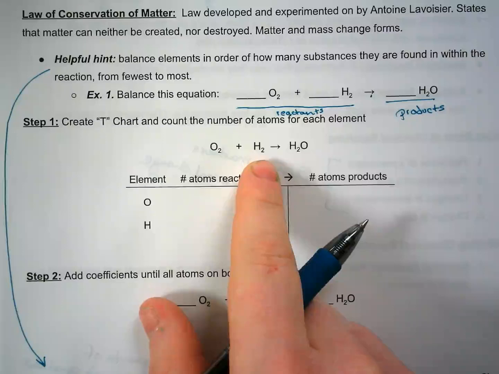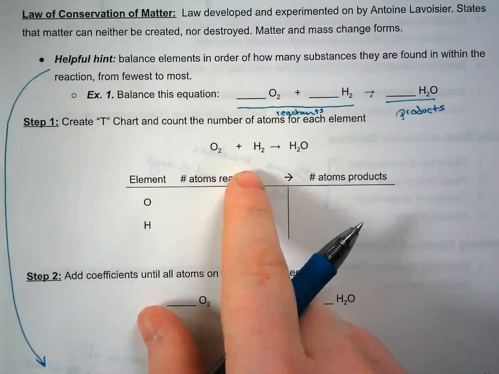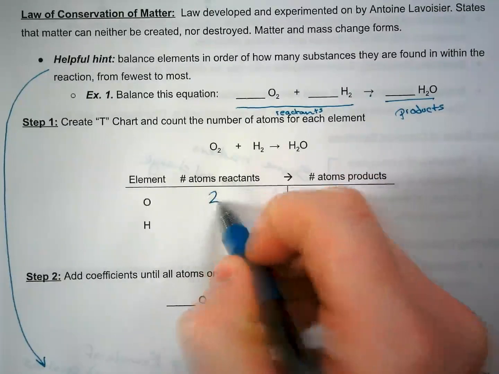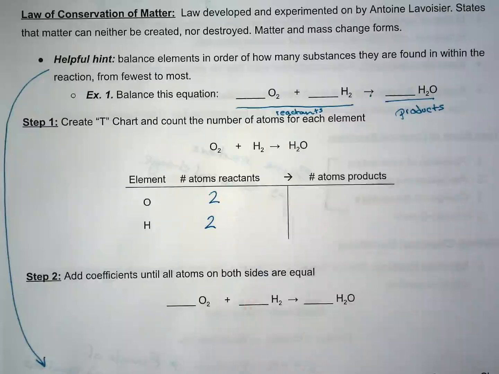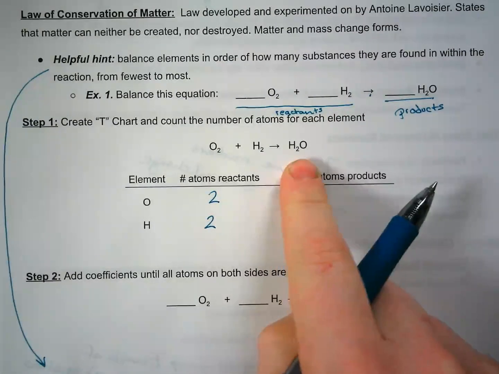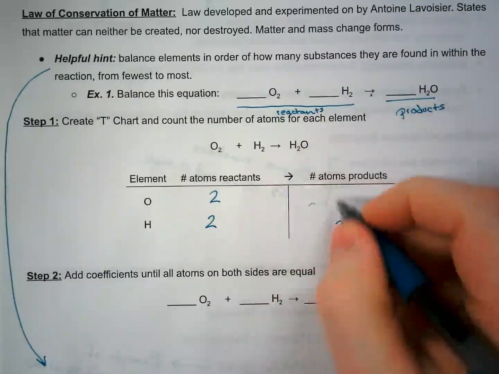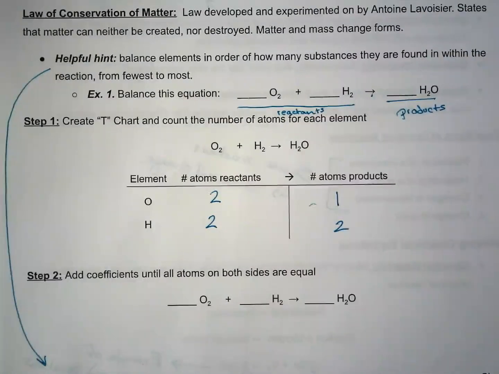Same thing with H2. That little subscript tells us there are 2 atoms of hydrogen. So I'm going to look at that. Oh, there's 2. I'm going to look at that guy. There's 2. Okay. And then over here, it's the same thing. Well, there's 2 for hydrogen, and there's nothing on the oxygen, so that must mean that oxygen is 1.